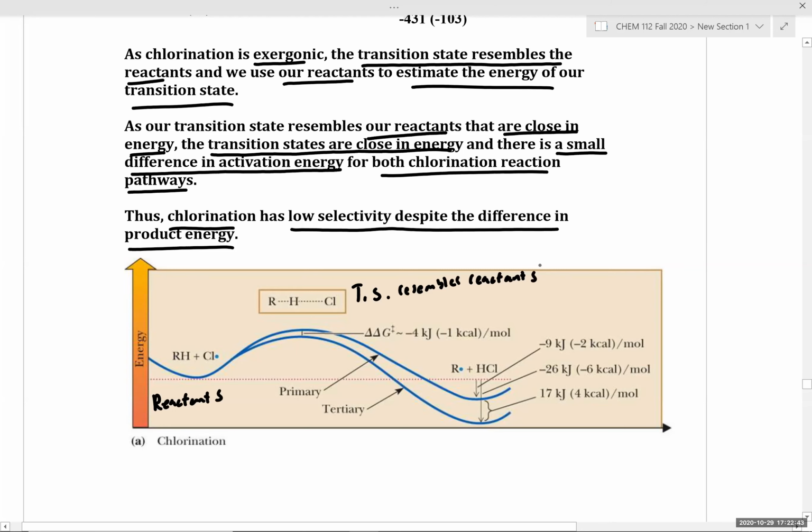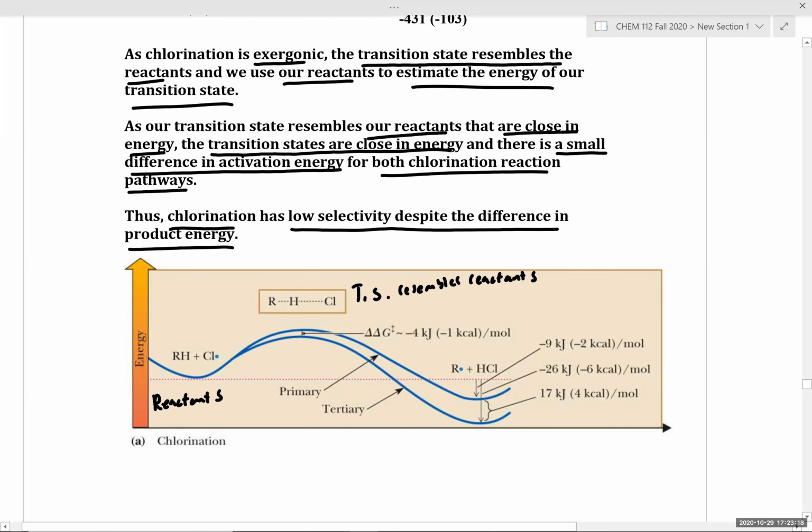Because of that, we're primarily looking at an alkane and a chlorine-centered radical. There is very little difference between the reactants if we compare the alkane reacting at the primary or tertiary position. The radical character doesn't play a huge role in the transition state energies, because our transition states more closely resemble our alkane starting material.